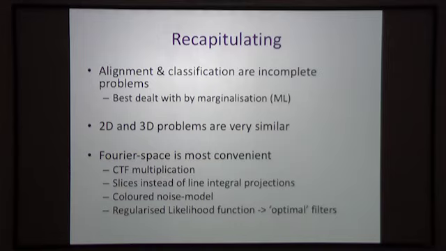Whether you average things in 2D or do a 3D reconstruction step inside, these iterative algorithms remain very much the same. And Fourier space is the most convenient space to do this because we can multiply with the CTF, we can take these slices, and we can model the type of noise that we have in our images in a much better way.